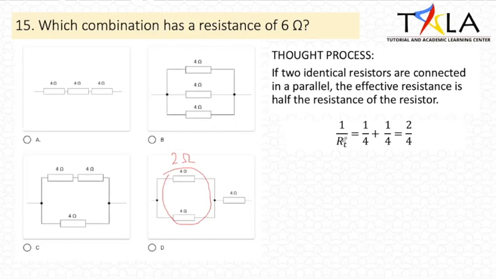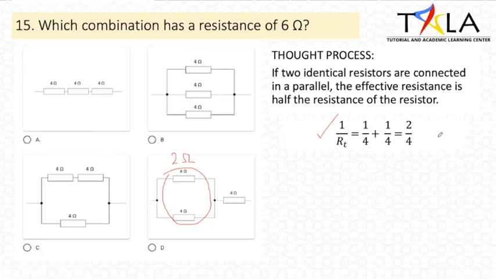No. Kapag resistors tayo, dito lang tayo sa given natin. How do we solve for the total resistance in a parallel circuit? If you remember, this is the formula. 1 over RT is equal to 1 over R1 plus 1 over R2 and so on.